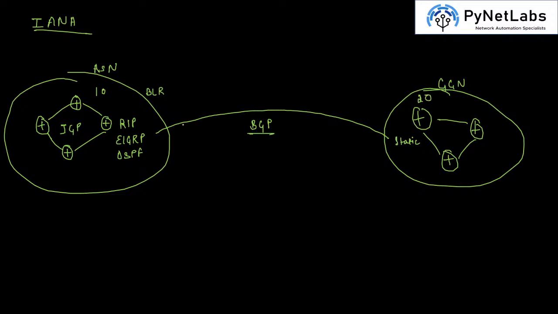In order to connect autonomous system 10 with 20, you need BGP, or being specific, EBGP. BGP contains two types of neighborships, IBGP and EBGP. Again, we will talk about that later on. That is not our topic as of now. Between autonomous systems 10 and 20, we need a BGP connection so that they can communicate.